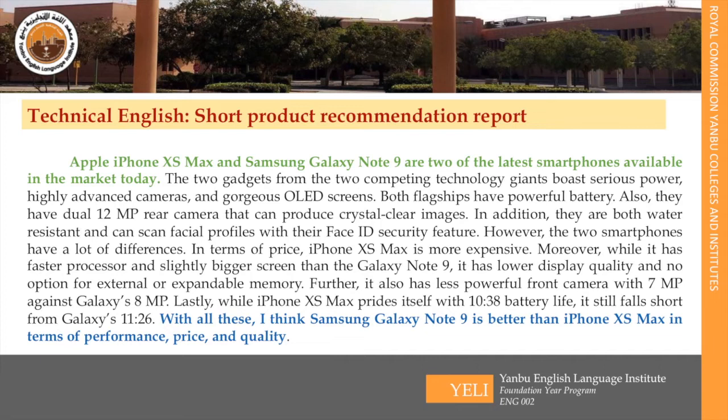And then, in the body, I tried to establish the similarities and differences of the two gadgets in terms of power, quality of the camera and the screen, battery life, and storage capacity. And then, at the end, in the conclusion, I tried to make a recommendation on which phone is better than the other.